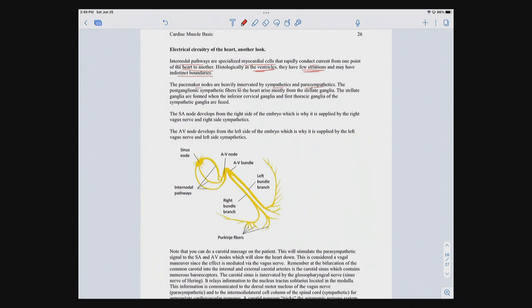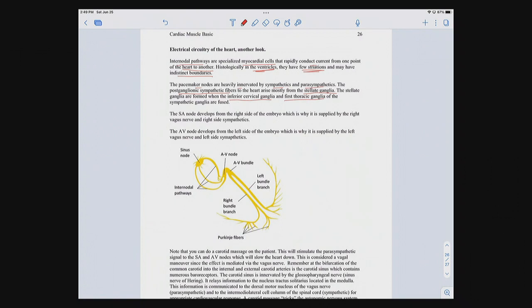If we're talking about the preganglionic sympathetic fibers to the heart, they're going to arise mostly from the stellate ganglia. The stellate ganglia is the ganglia that is formed when your inferior cervical ganglia fuses with your first thoracic ganglia.